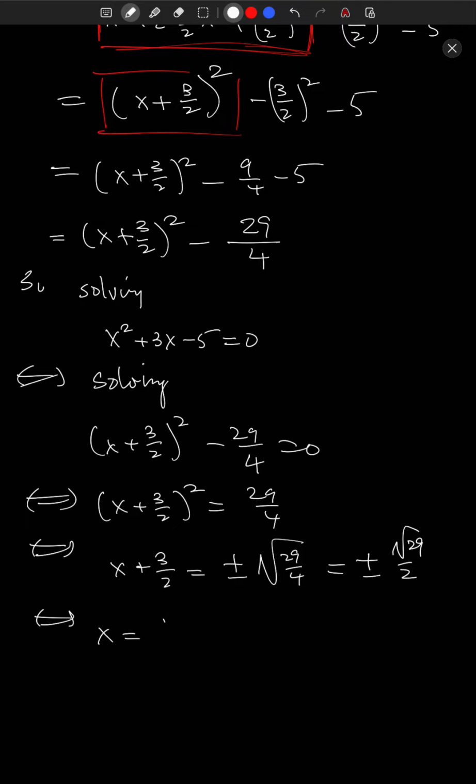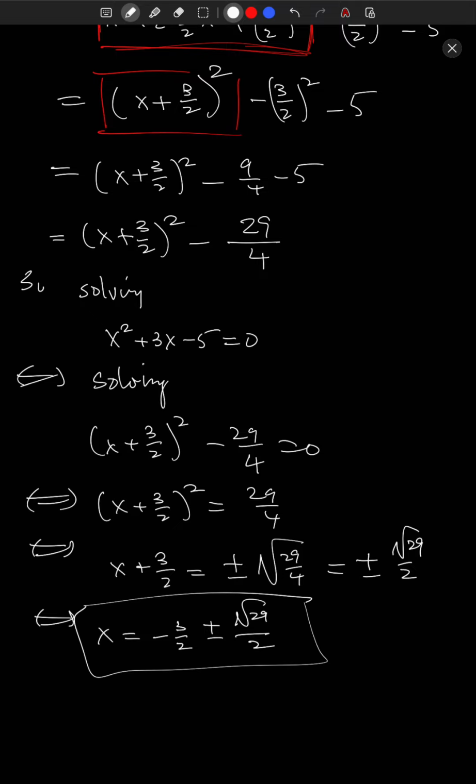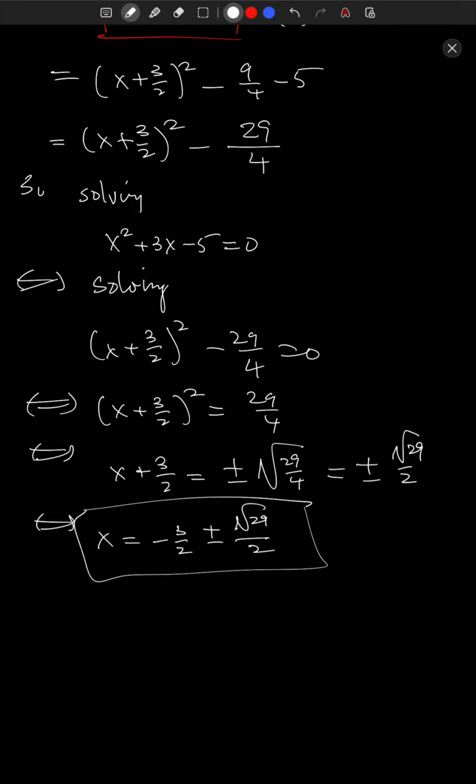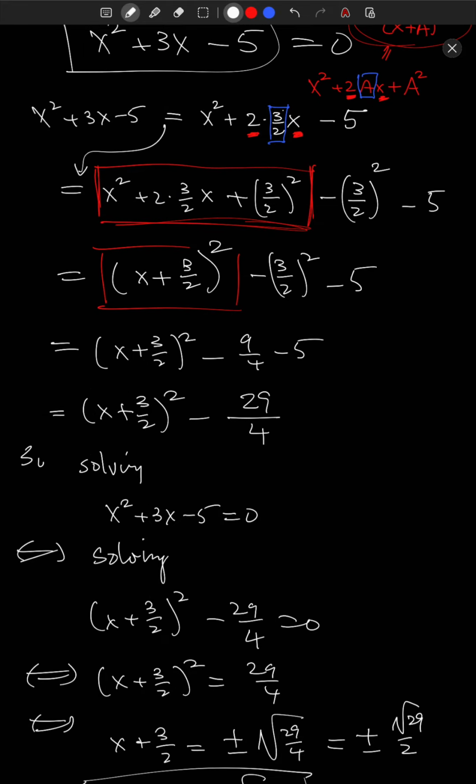And so x is minus 3/2 plus or minus root 29 over 2. So those are my two solutions. All right. So even if you don't see the 2 explicitly, you fabricate it, right? So up here again, we didn't see the 2, so we made it up, and then we compensated for it with divided by 2, right?